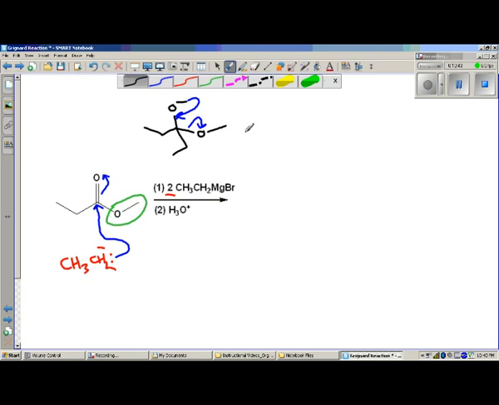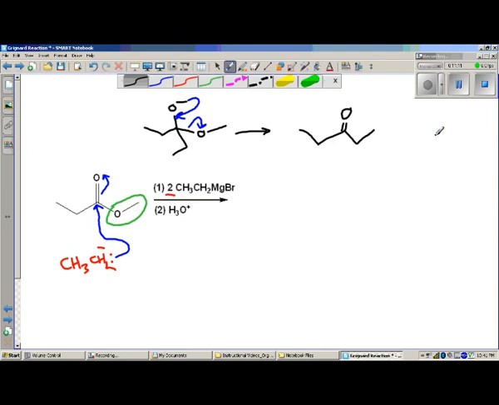So the fact that we had an ester here makes our reaction a little bit different, because we kick out that leaving group, and notice what we get after we've kicked that leaving group out. Because here we have 1, 2, 3, 4, 5 carbons with a carbonyl in the middle.